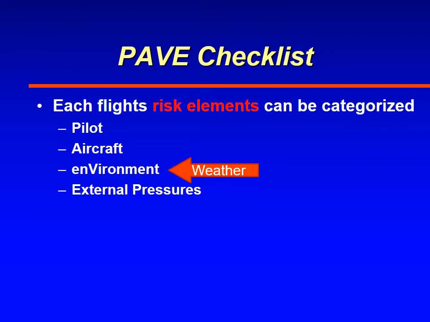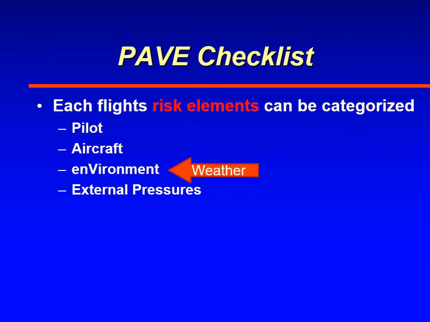We need to recognize that and decide which types of weather we can accept the risks and which ones we can't. And then finally, there's also external pressures. External pressures are things like you need to get home, so you need to fly and you'll ignore most of the risks. So those are the different risk elements.